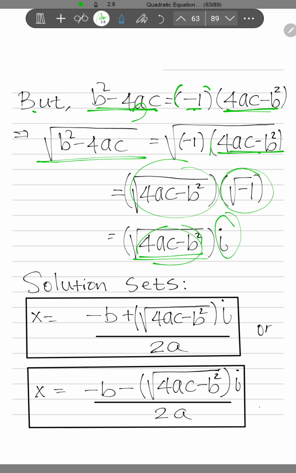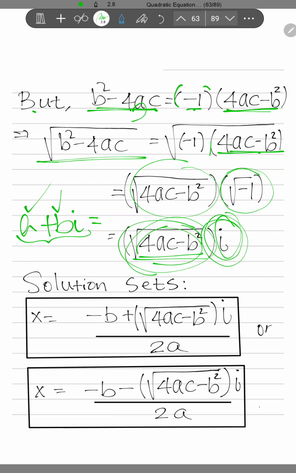This part is now positive, and we can have a real number on this part, and we can have iota here. So a plus bi is a complex number, even if a is a real number and b is a real number, the whole expression is a complex number, which we have discussed in part 2 as well.